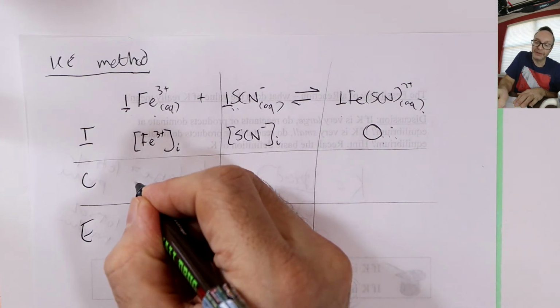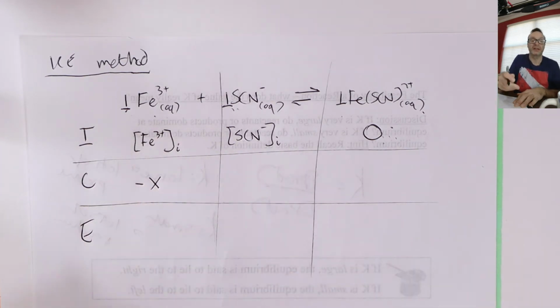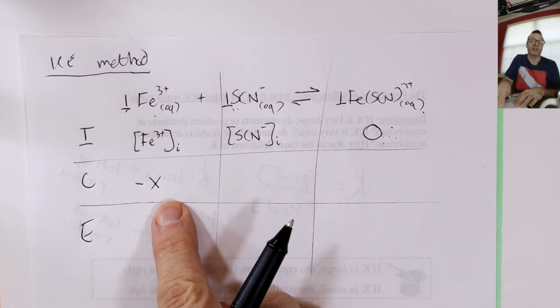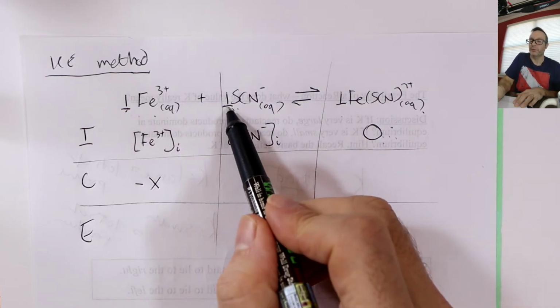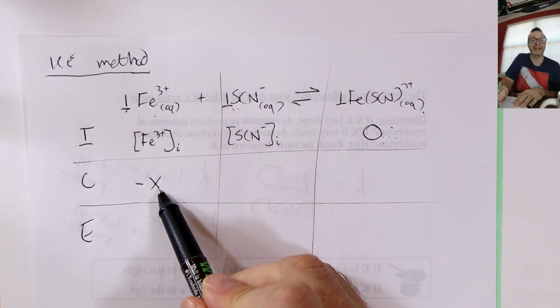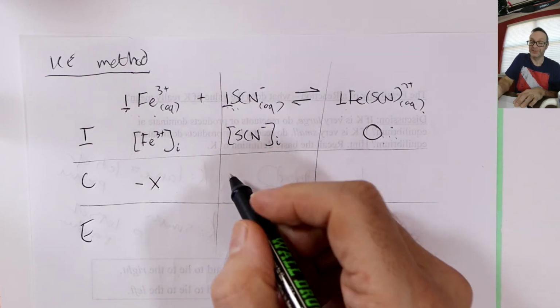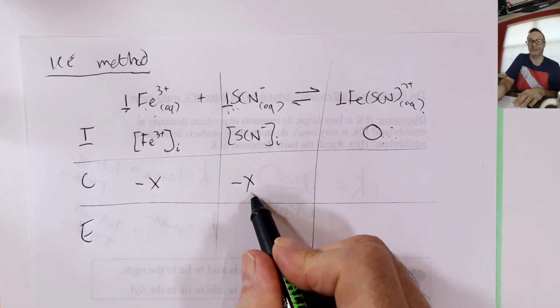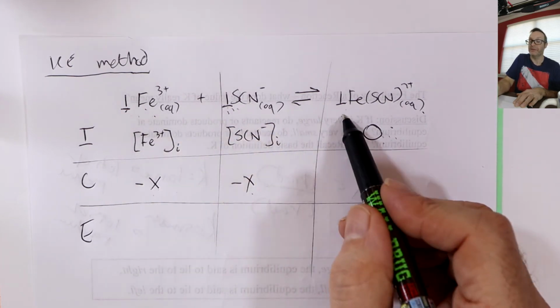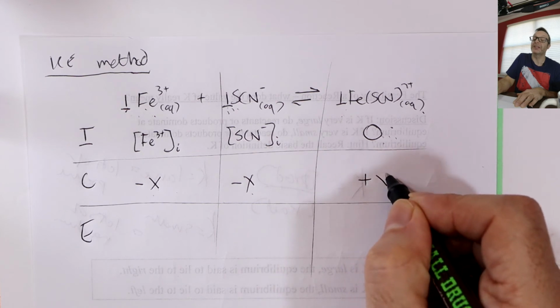So the change is I'm going to lose some amount X. I don't know that number yet. Figure it out later, right? But hey, that's mathematics, right? 1 reacts with 1 to make 1, so I lose X. I lose the same amount because it's 1 to 1, so X and X as well, right? It's all about stoichiometry. Then I make 1, so it's going to be plus.